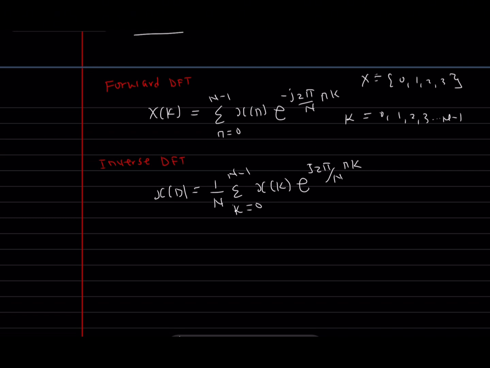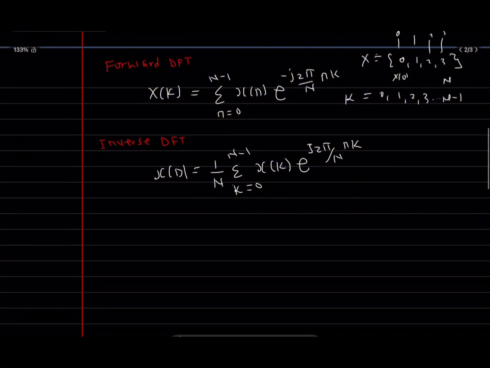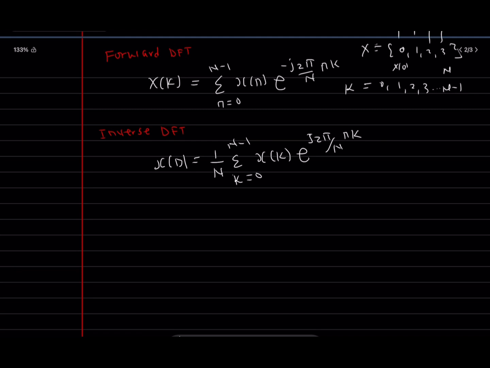But since the first element represents x of 0, and then it moves on to x of 1, x of 2, when we are naming it, we will say that the index here is 0, the index here is 1, the index here is 2, and the index here is 3. So the total number of indices is what? N, which is 4. And therefore, when we want the last element, it's N minus what? 1. That's how come it is. So for the inverse DFT, you also have n equal to 0, 1, 2, 3, also up to N minus 1.